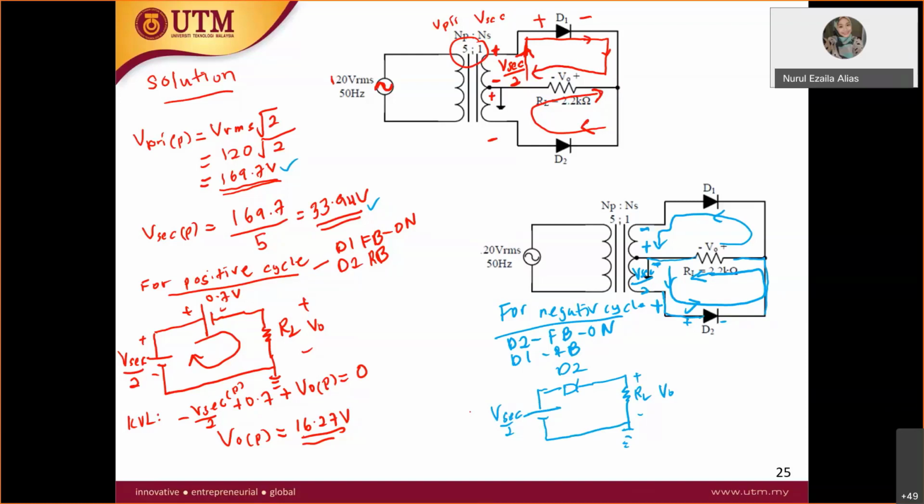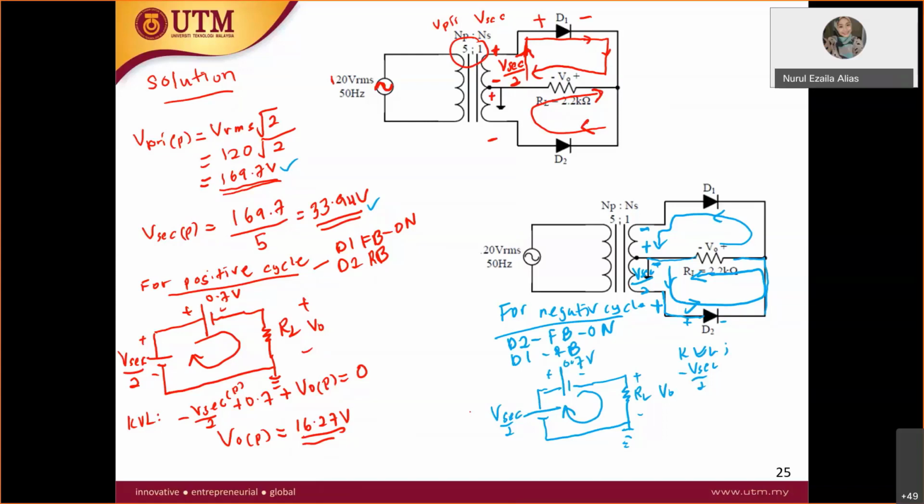Therefore, you might expect that the KVL is also the same, right? So KVL will be the same thing: V secondary over 2. Since this is forward bias, again, this will become a voltage drop of how much? 0.7 volt.